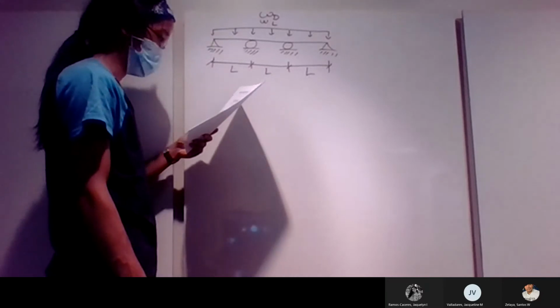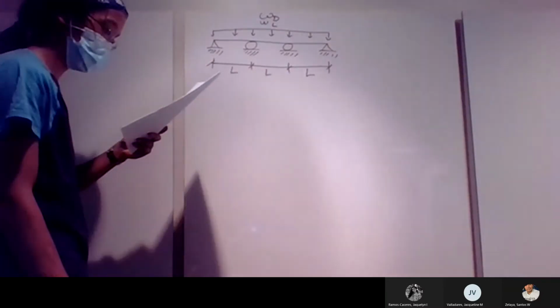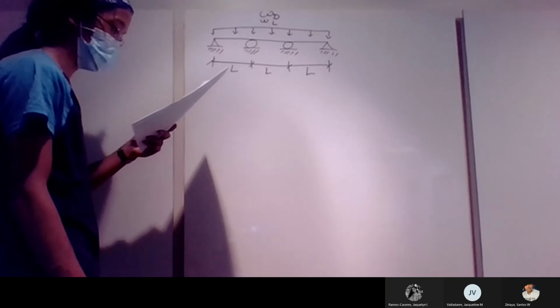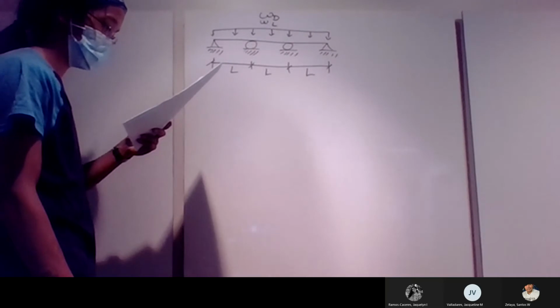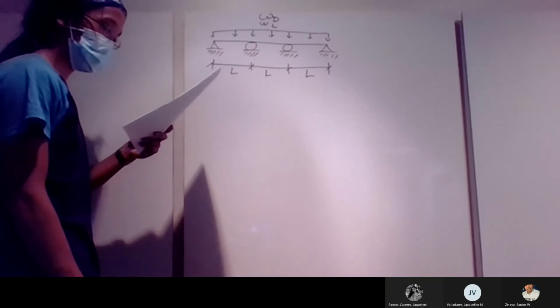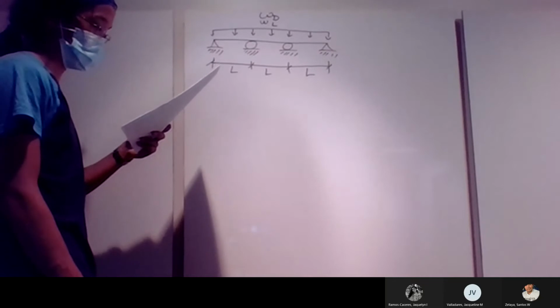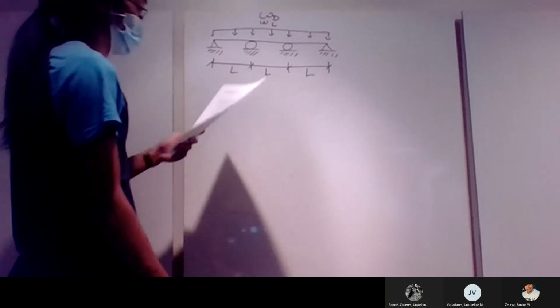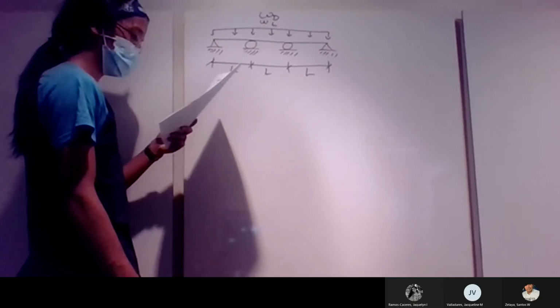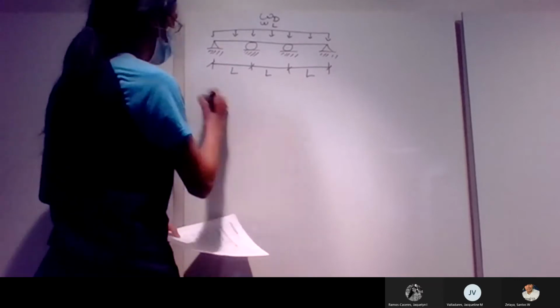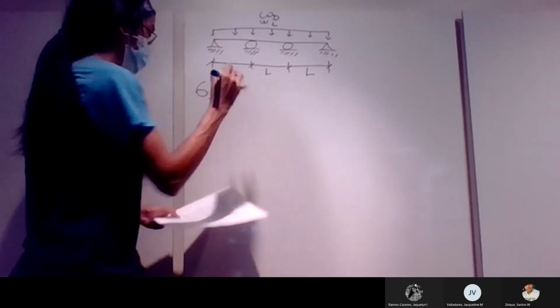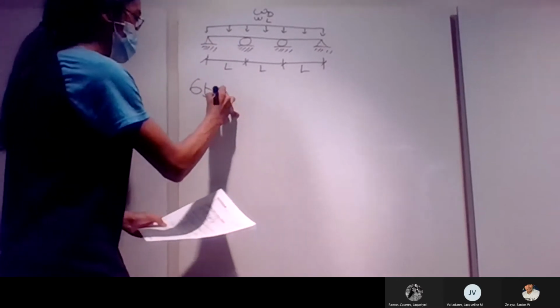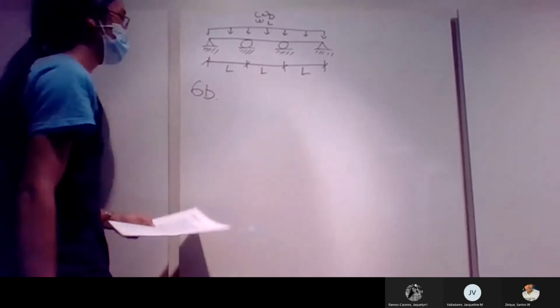We're going to do 6C. No, wait. Oh, 2 of them are in pounds per linear foot. Okay, we're going to do 6B. I was contemplating 6D, but all right, set at 6B.